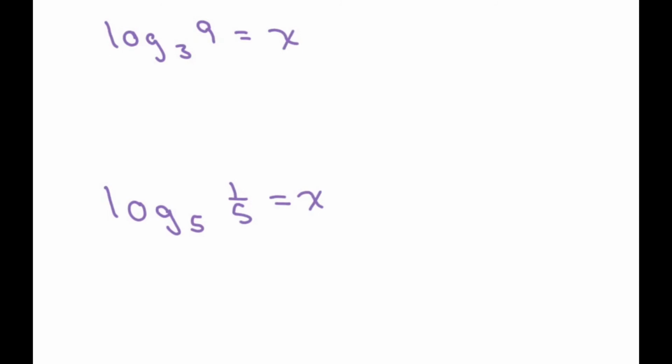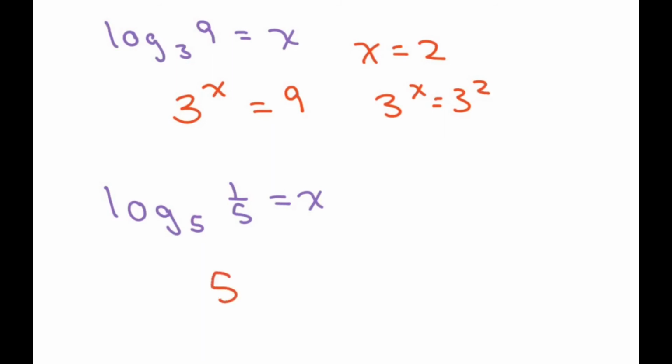Okay, this one we have 3 to the x power equals 9. So we know right away, just by looking, that x equals 2. Or again, you could write it as 3 to the x equals 3 squared. And then you see that x equals 2. 5 to the x power equals 1/5.